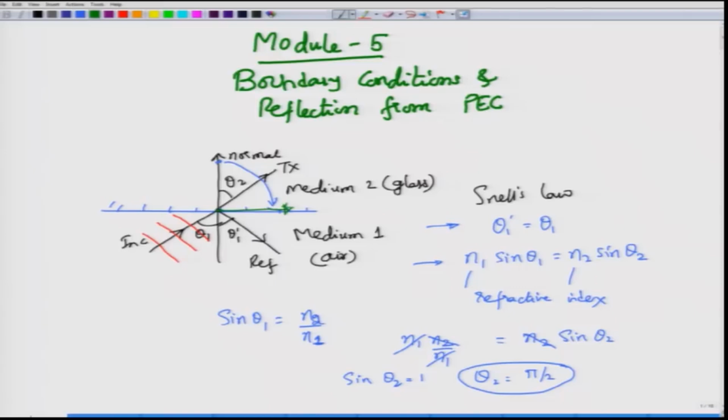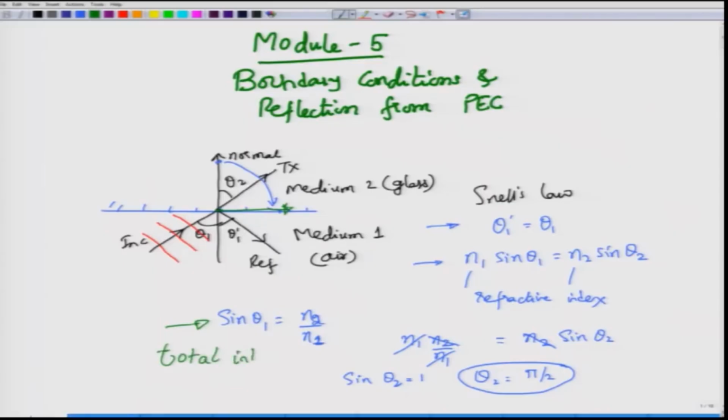This phenomenon, where the angle of incidence is chosen in a certain manner, given by this expression, such that the transmitted light propagates parallel to the interface, is called total internal reflection.